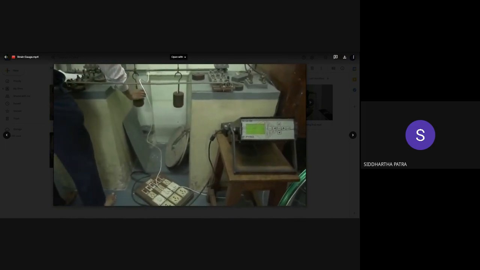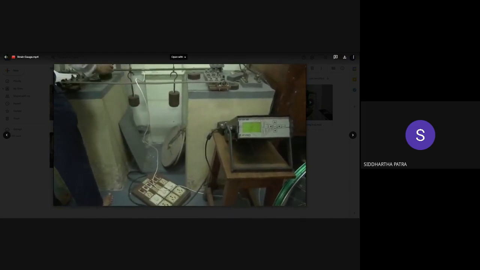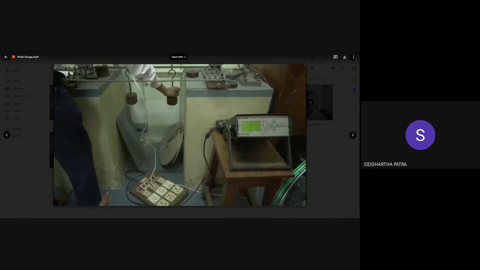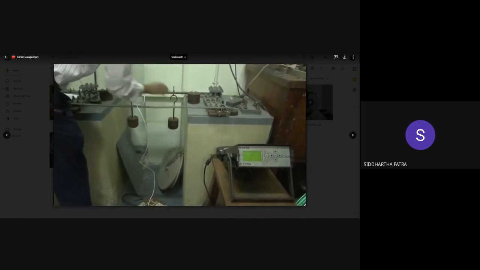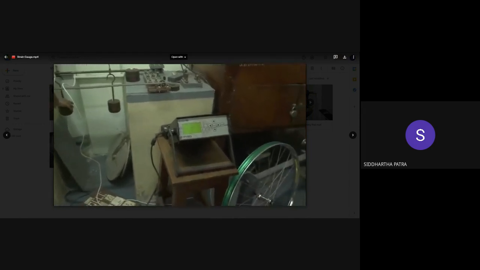Now you will decrease it further. Now the loading is 5 pound at each loading location.